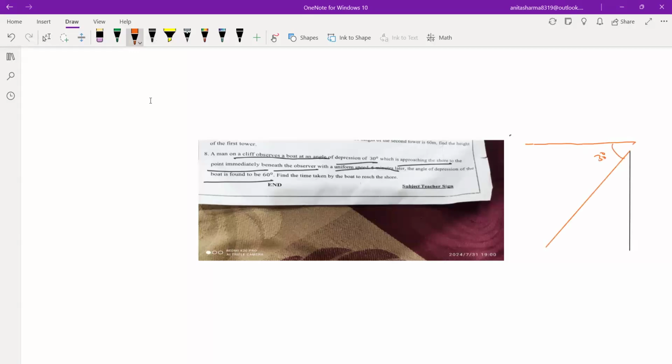So this angle is 30 degrees. Now they are saying when it comes closer, the angle of depression will be 60 degrees. So this angle will be 60 degrees, right, beta? Yes, ma'am.